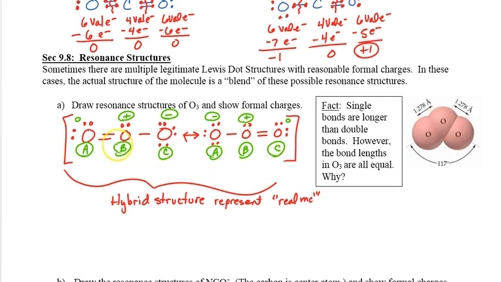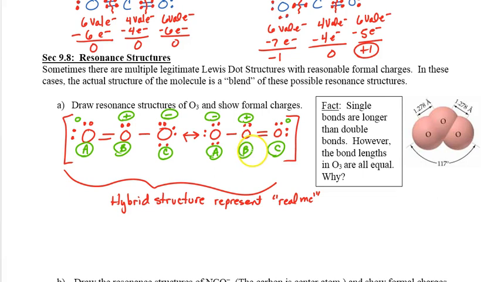So you can see you have a +1 and a -1 in both of these structures, but they're equally favored, right? Because they have the same formal charges. And so in this case, we're going to equally blend these two resonance structures.